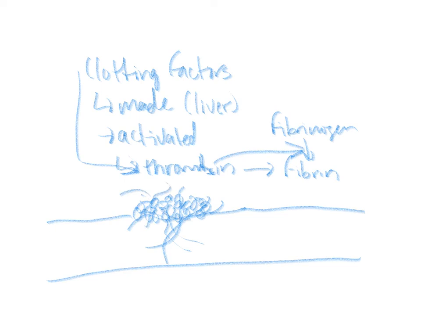Fibrin then comes, once it's been activated by thrombin, and thrombin is activated from all of these other clotting factors. So once fibrin is activated, it begins to form almost like a net, really like a meshwork.